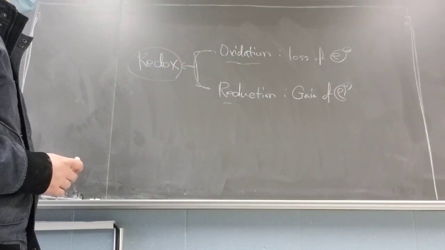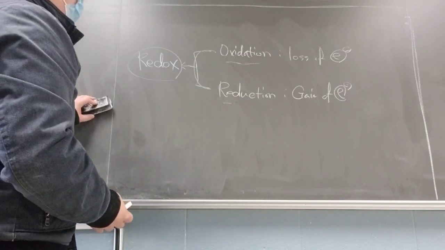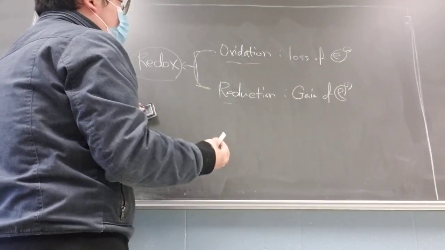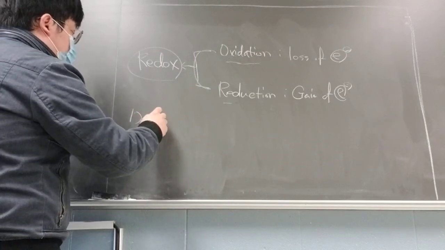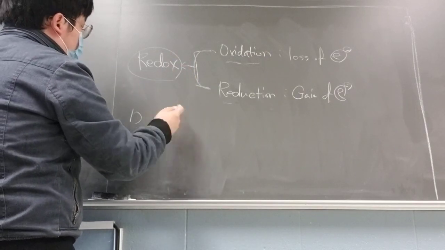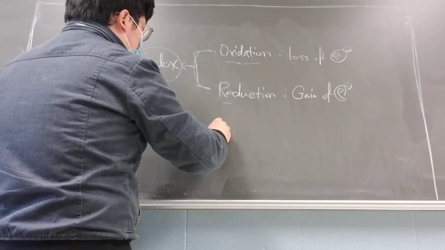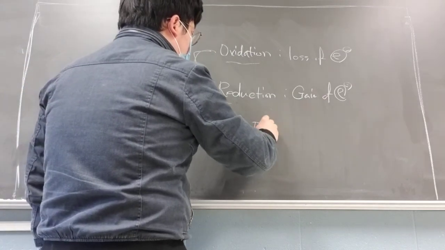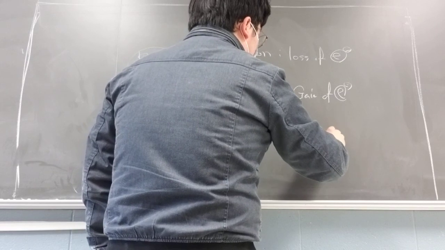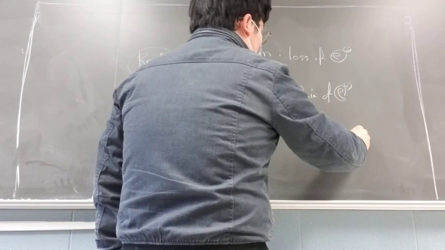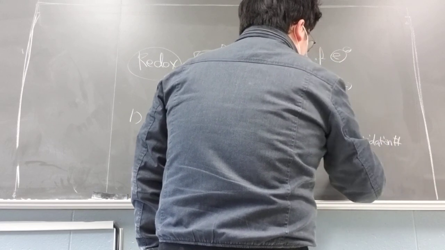Before we get to the actual problems or examples we can try, let me tell you several rules that I want you to remember. The first one is, if the elements are in elemental form, the oxidation number is 0.